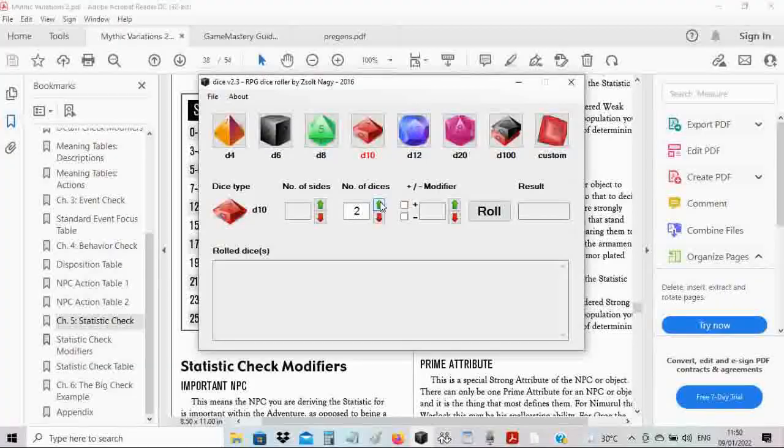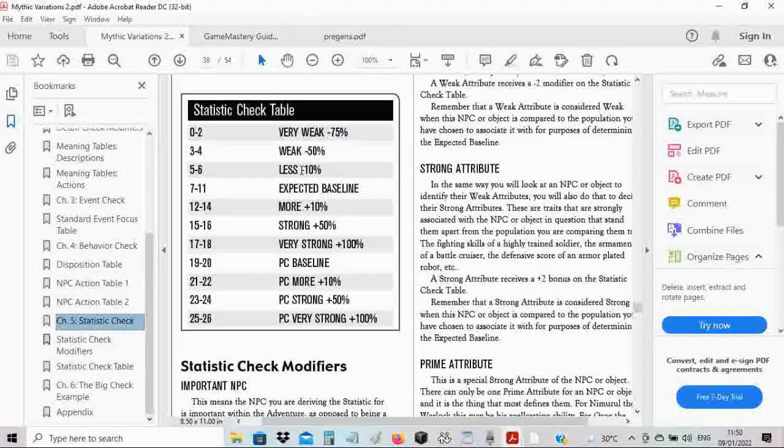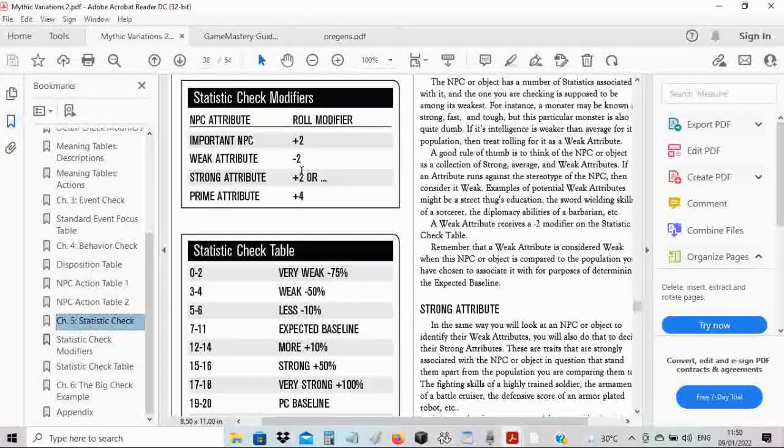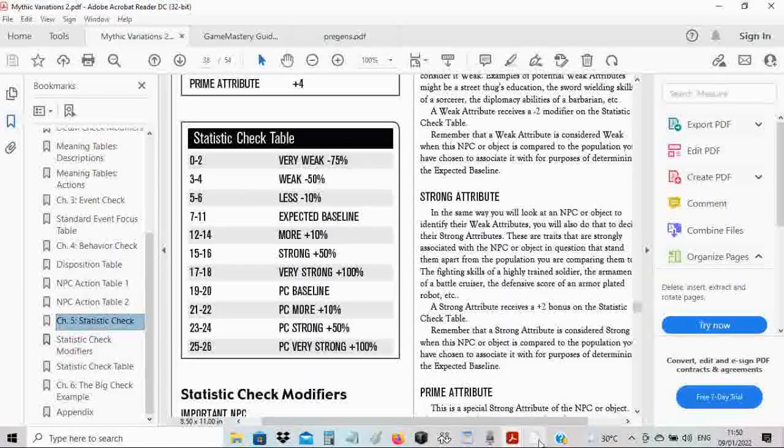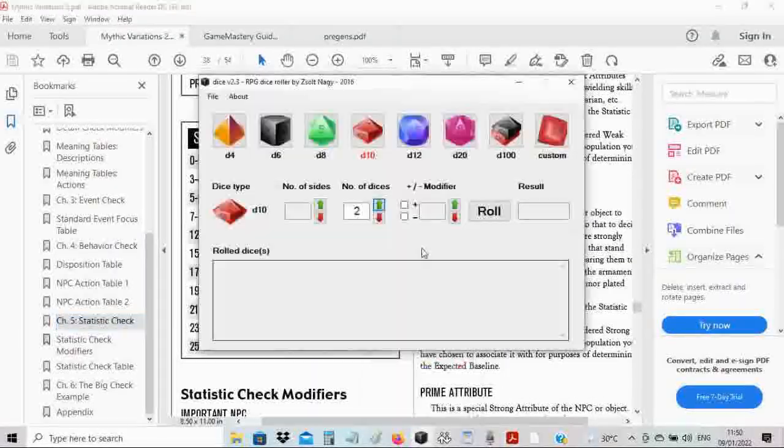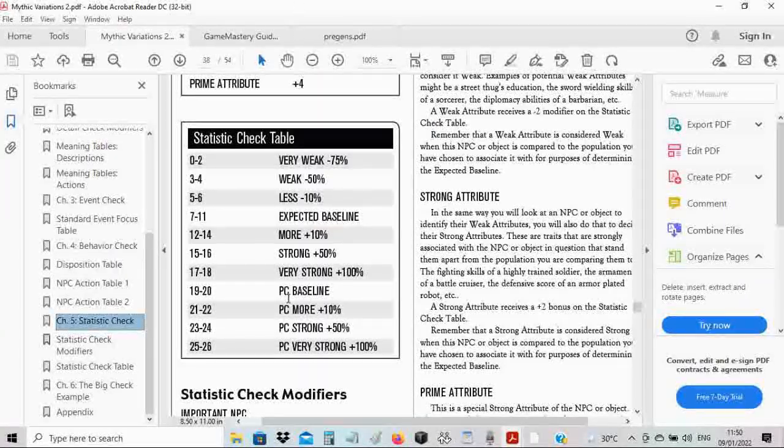Let's see. So will he be an important NPC? Possibly. So let's add in a +2 just in case. Let's roll. 19 to 20.